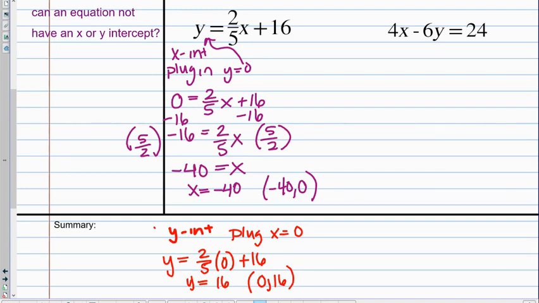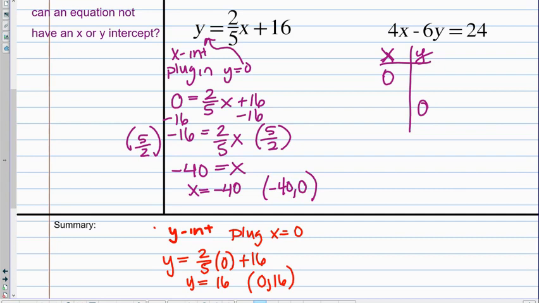When you find x and y-intercepts for something in standard form, this is my favorite way. You can plug in, but I like to make a t-table here and tell myself I'm plugging in 0 for x on one of them and 0 for y on one of them. So when I plug in 0 for x, my 4x turns to 0.